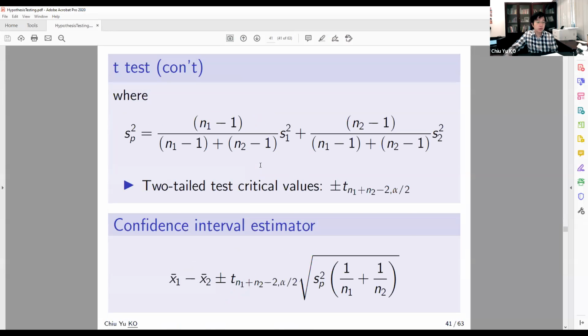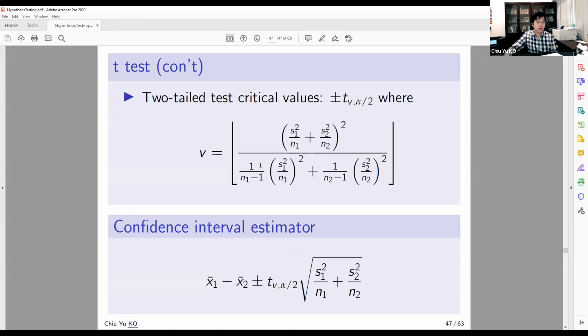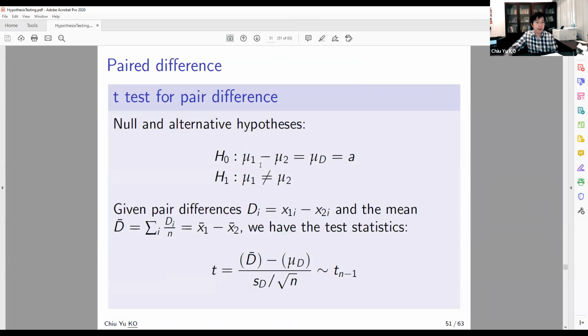What we are going to do today is look at the paired difference. Let's recall why we need paired difference. The data is not from independent populations; it is related. Very often people test a drug or treatment.